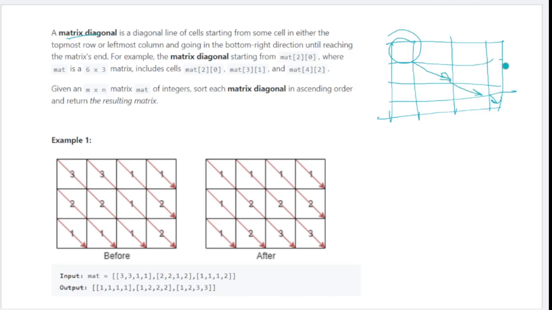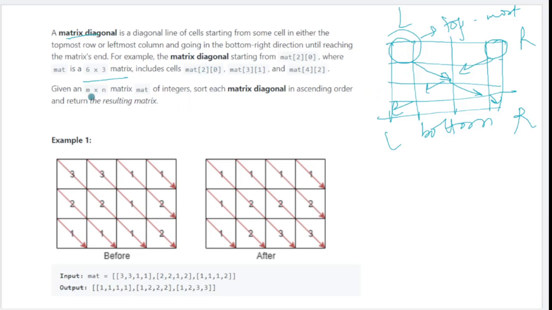And the opposite, if it starts from the rightmost point, it goes down to the bottom left. So that means it starts from the topmost and ends at the bottommost, but in the alternate direction. If it starts from left, it goes to right. If it starts from right, it goes to left. So that's what a matrix diagonal is. And for every matrix size, we have different diagonals.